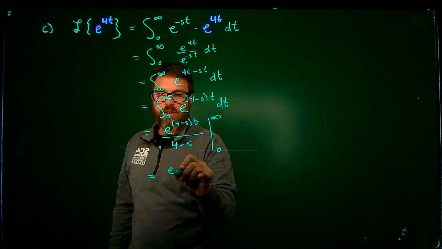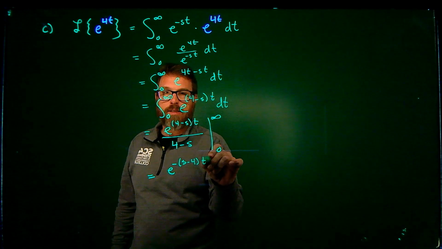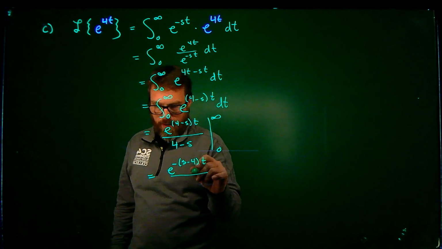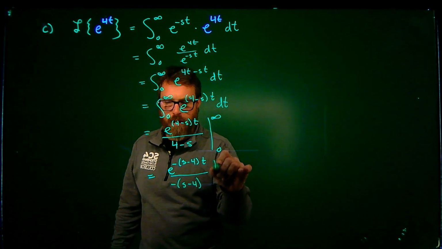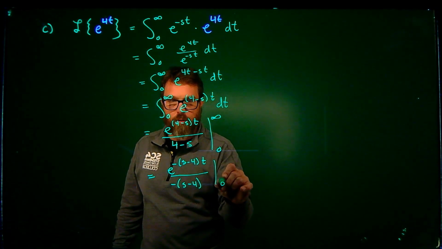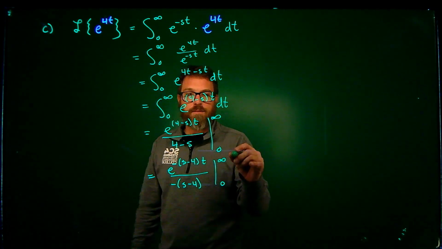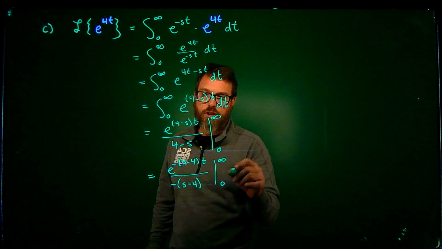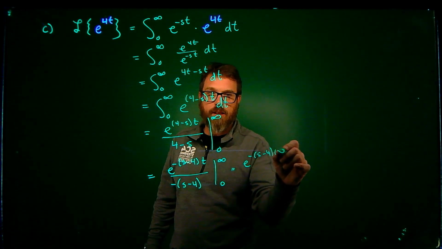So this is e to the minus s minus 4 times t, all over minus s minus 4, evaluated from 0 to infinity. And remember that we have to now evaluate these things at infinity. Excuse my notation, but sometimes it's easier just to look at it this way as opposed to writing these limits all the time.